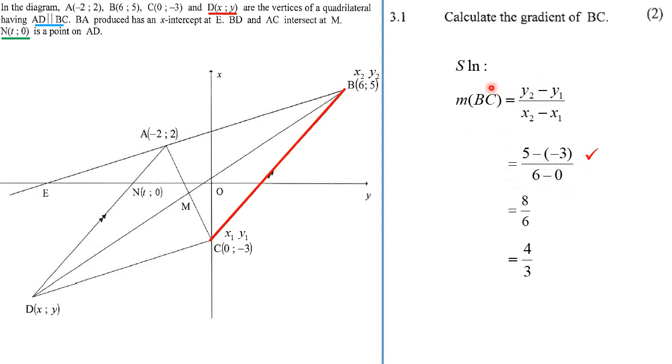Because if you write a wrong formula and then this step, there will be no logic. There will be no relation between the formula and what you have here. So you get a mark for substituting into the correct formula. And then from there you do your maths, and you also get a mark for the final solution. How hard is that?